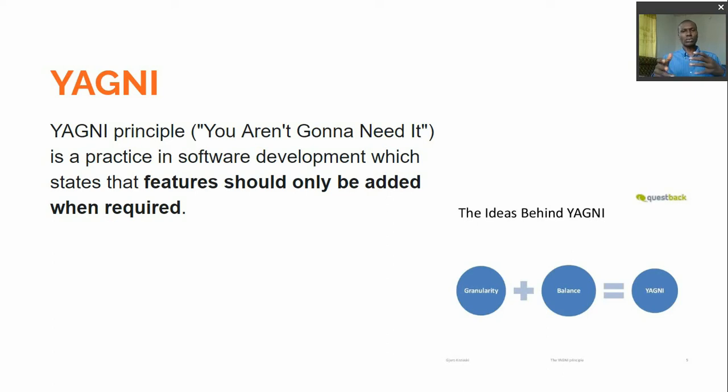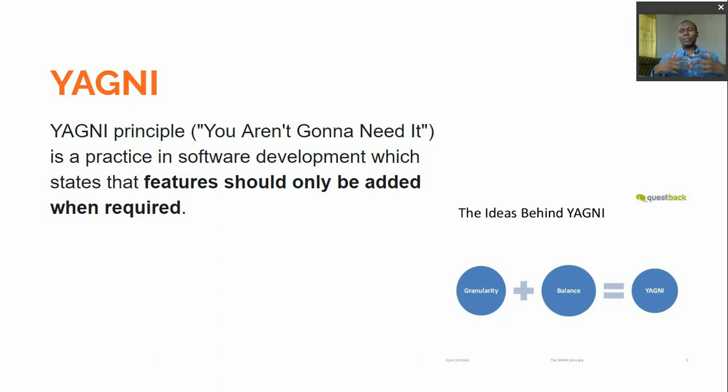There are some ideas behind it. Number one, granularity. It should be granular. Number two, there should be balance. When these two come into your software in the process of development, it makes you attain the you aren't gonna need it principle.